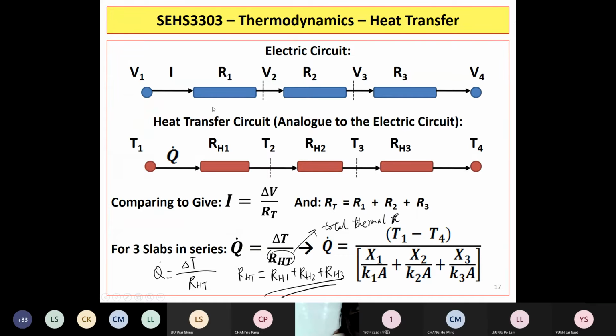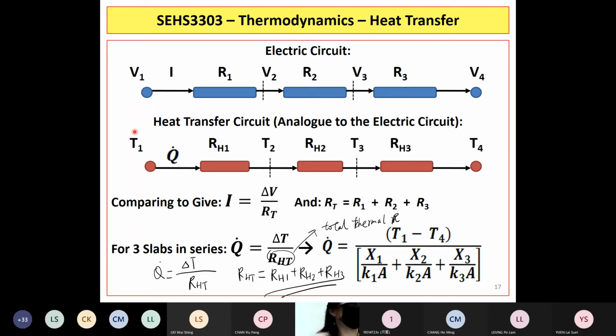In essence, we use this thermal circuit to calculate the heat transfer rate, because we know the temperature at the starting point and the end point. We know the temperature at the two outer surfaces, but we cannot measure the temperature inside our layers, right?